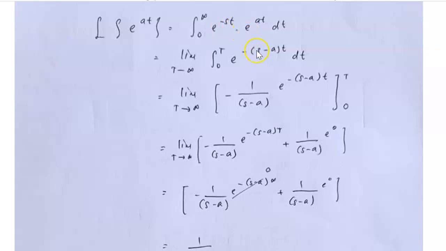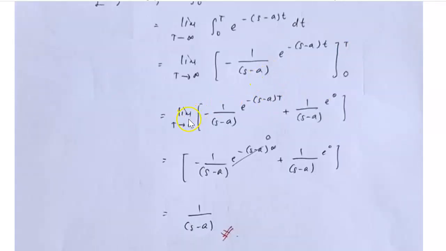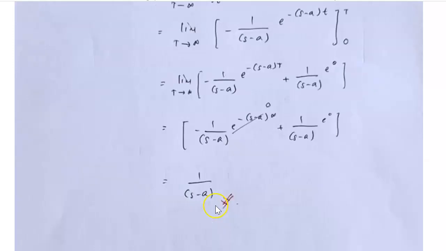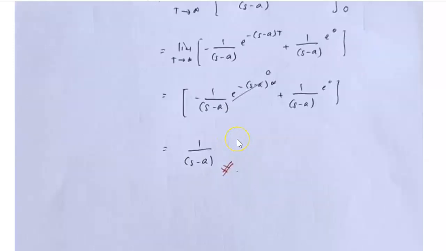Then e^(-(s tolak a)t) dt. So we use the limit concept sama macam kat atas, so kita gantikan t ni dengan t, dan kita akan dapat 1 per s tolak a.